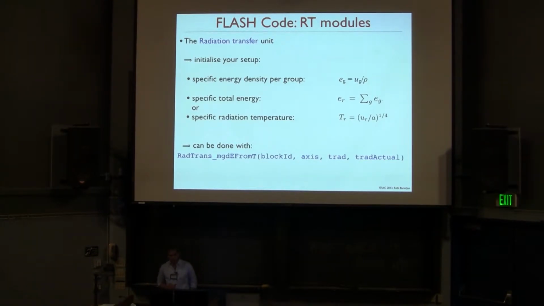This can be simplified in the sense that you provide either the total specific energy of the radiation, which should be the sum of the energy densities of the individual groups, or you can specify a radiation temperature, which is then divided up into your energy density groups for the radiation.